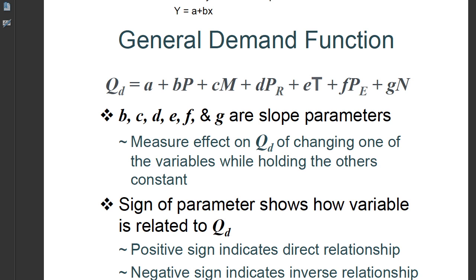So if you had the function y equals 1 plus 2x, how would you interpret the slope? Let's say, I'm just going to make this simple.